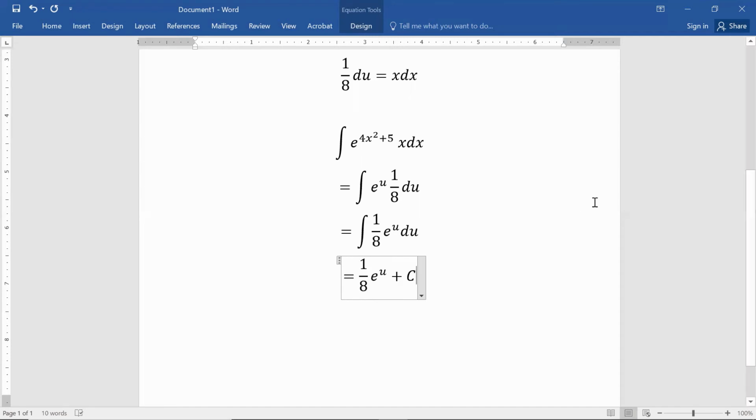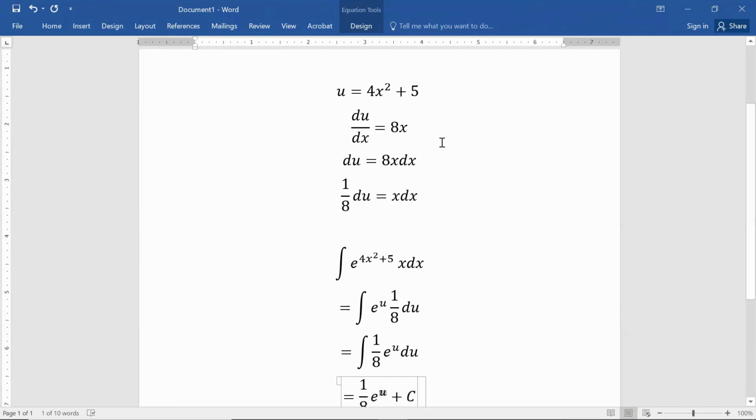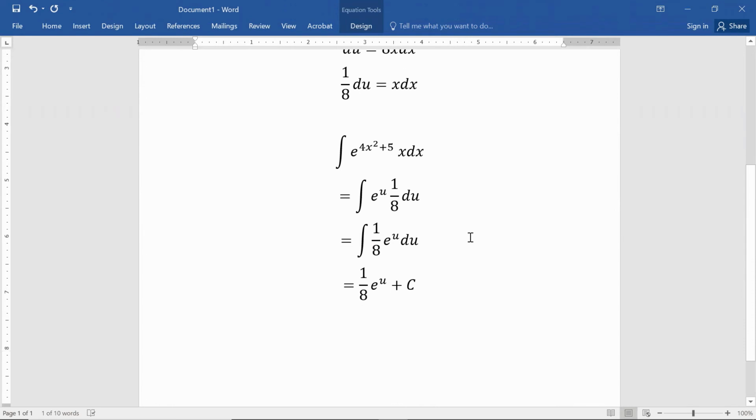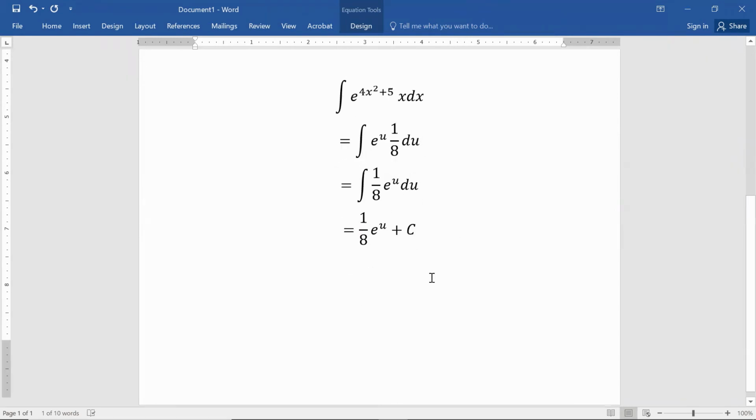We're almost done. Notice the integration got rid of my du, but I still have a u around here, and so I need to back substitute and replace that u with 4x squared plus 5, because our integration started with x's and we want to end with x's.